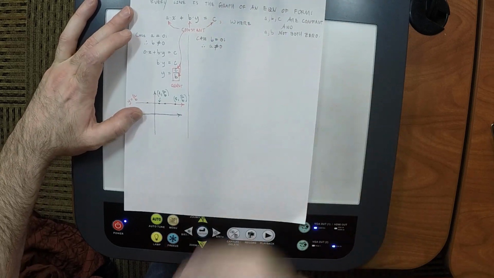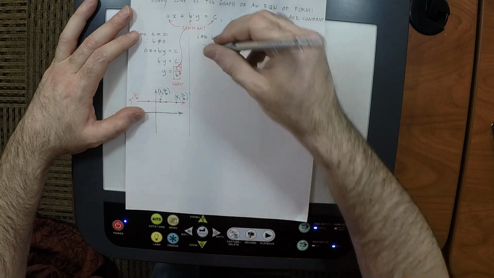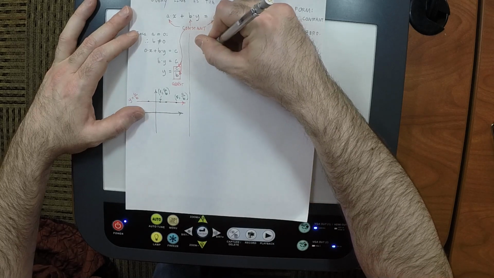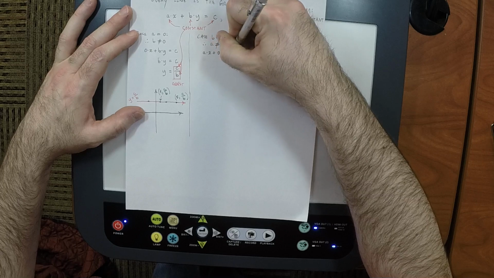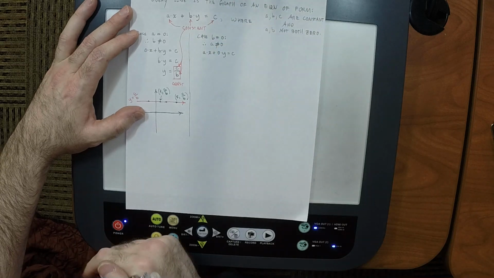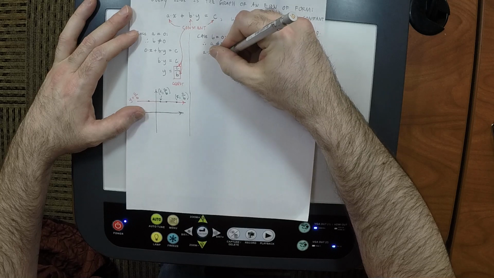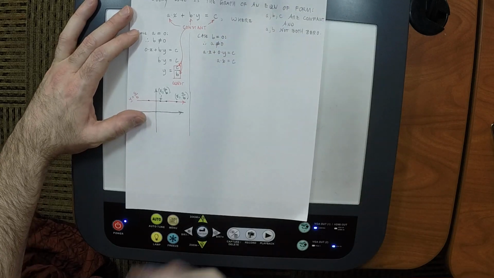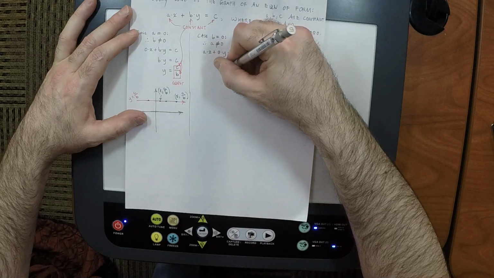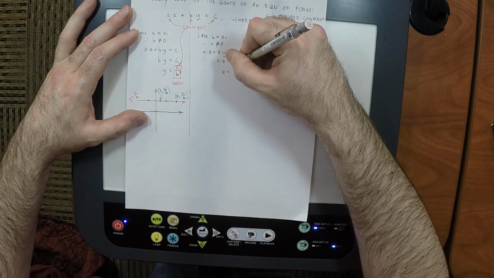And so I'll plug B equal to 0 in, so that we would have something like AX plus 0y is C. Then we can drop the 0y so that it reads like AX is C. Then we can solve for x and obtain that x is C over A.